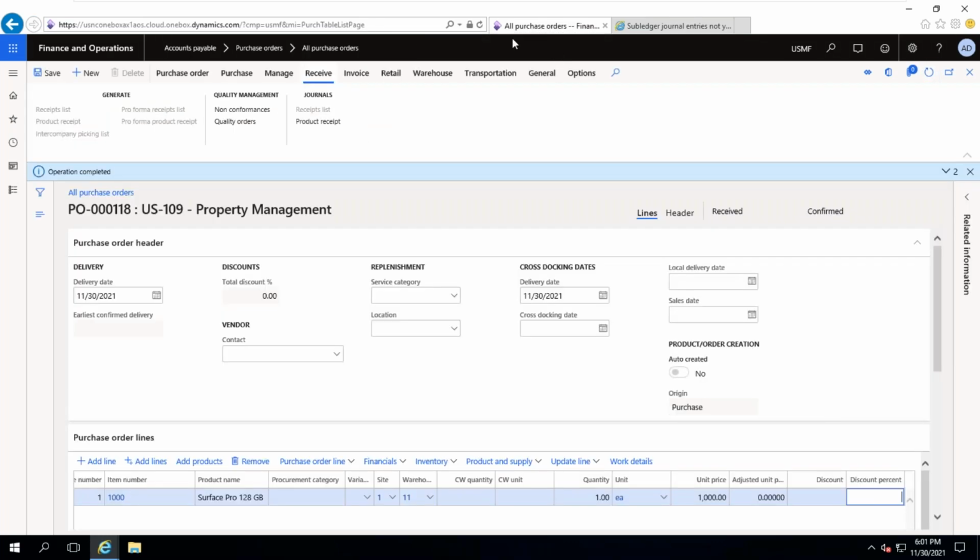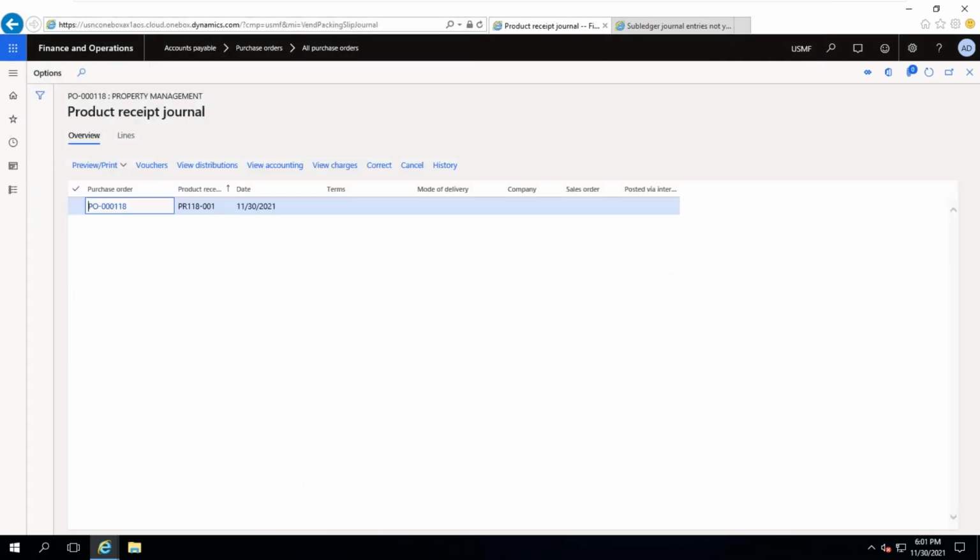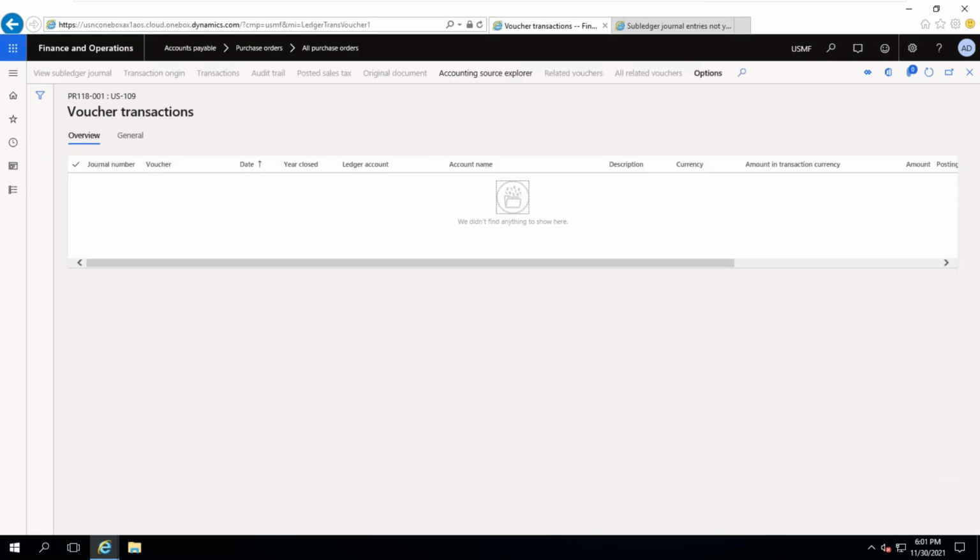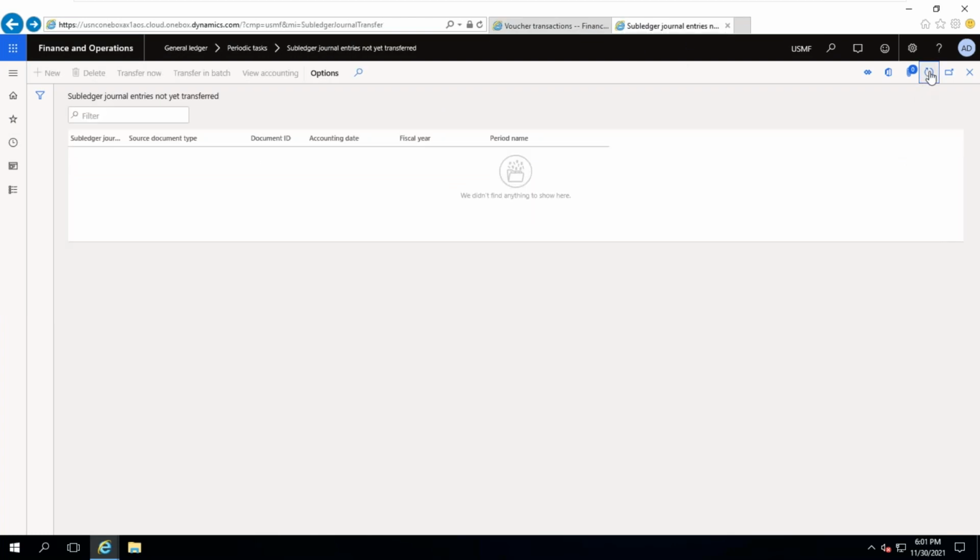Whether it is updated or not, let me verify the product receipt voucher. If the product receipt checkbox is enabled, then only it will show. Give me a second, let me refresh.